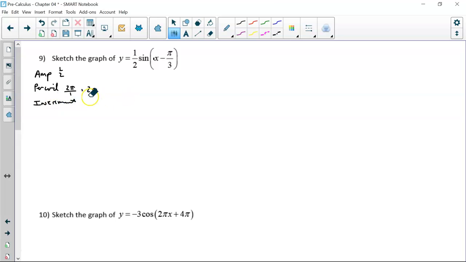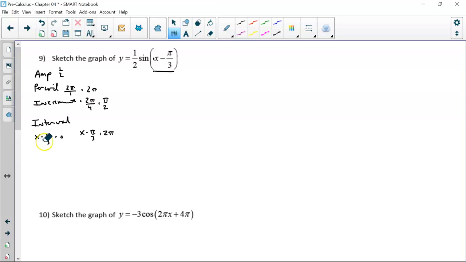Our increment is the period divided by 4. So it's 2 pi over 4, which is pi over 2. And our interval. Here's where we're going to be talking about the left and right shift. Set what's inside the parentheses, x minus pi over 3, equal to 0. x minus pi over 3 equal to 2 pi.